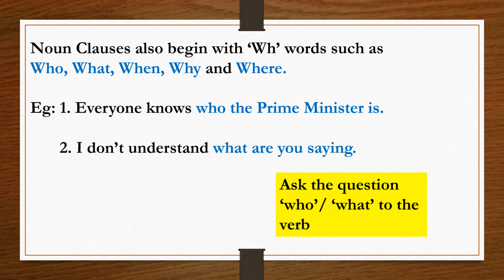So, to conclude, noun clauses begin with the word that and WH words who, what, when, why, and where. To identify a noun clause of the sentence, we can ask the question who or what to the verb.